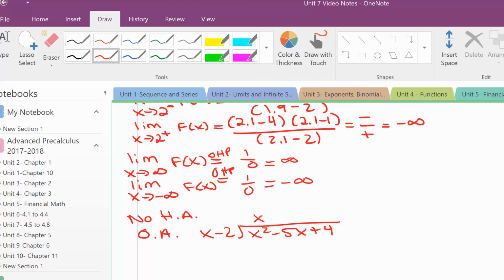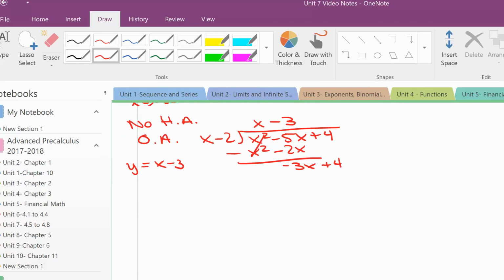When I divide, x squared minus 2x, subtract, I get negative 3x plus 4, and then it's minus 3. And remember, the remaining part doesn't matter. So my oblique asymptote is y equals x minus 3, the line.